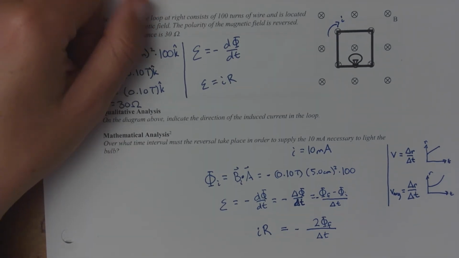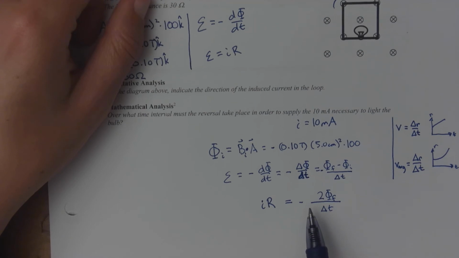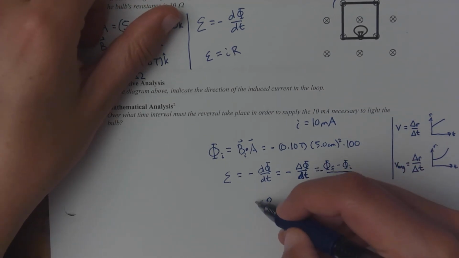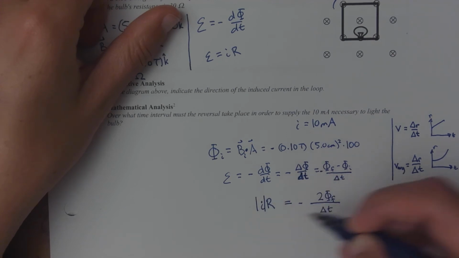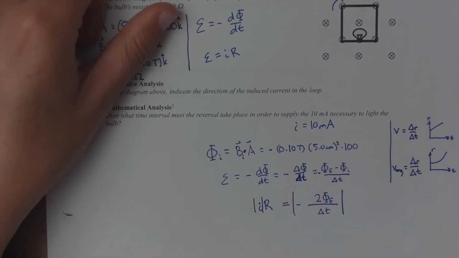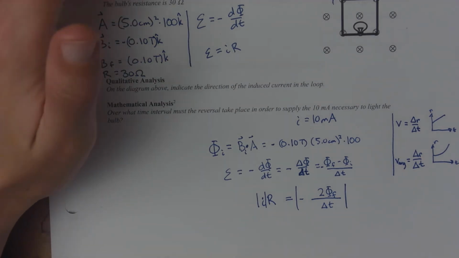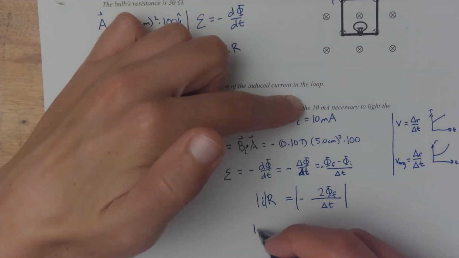Okay, so now that I have taken care of the sign, I'm going to forget about the negative sign and say something like absolute value of the current here is equal to absolute value there. And so the current's 10 milliamps.